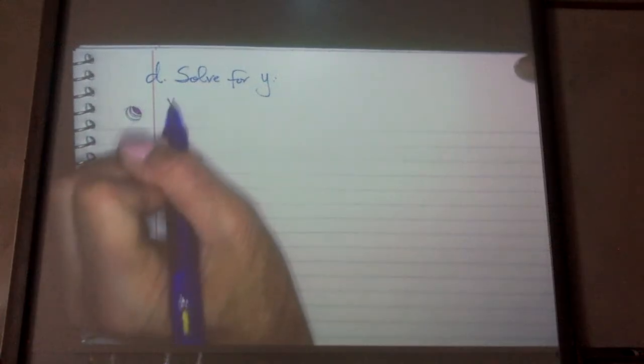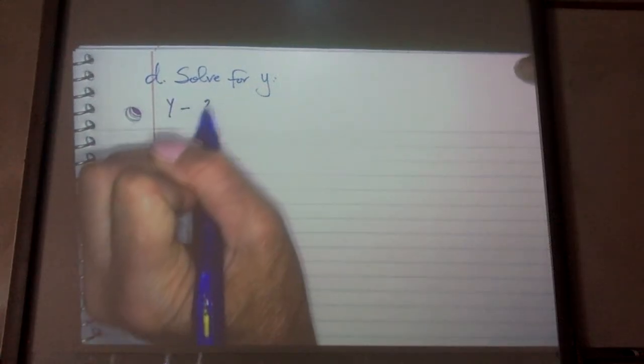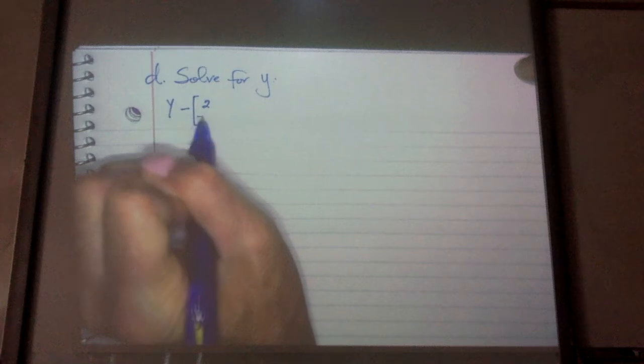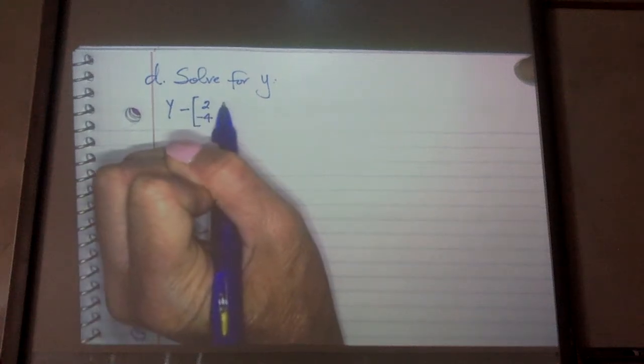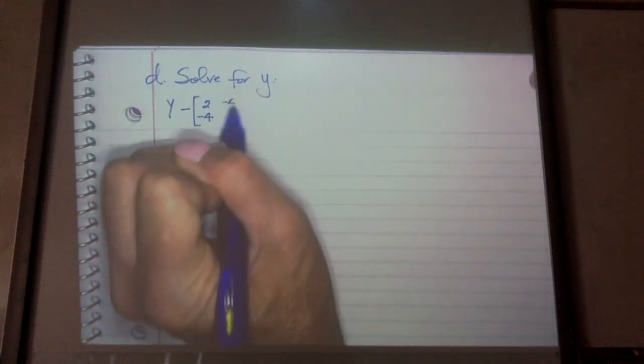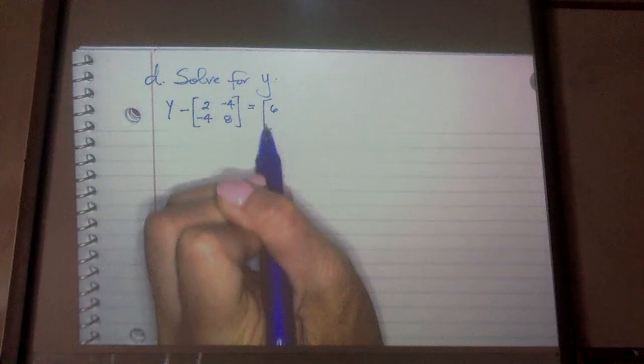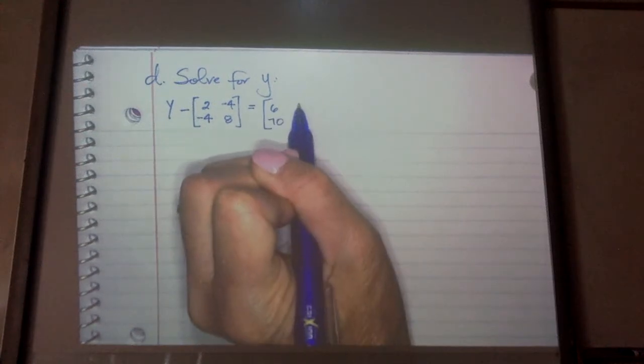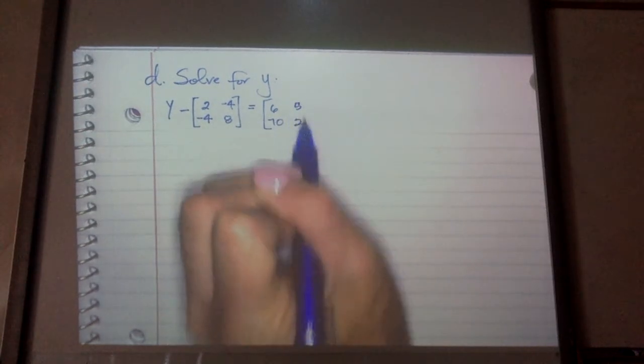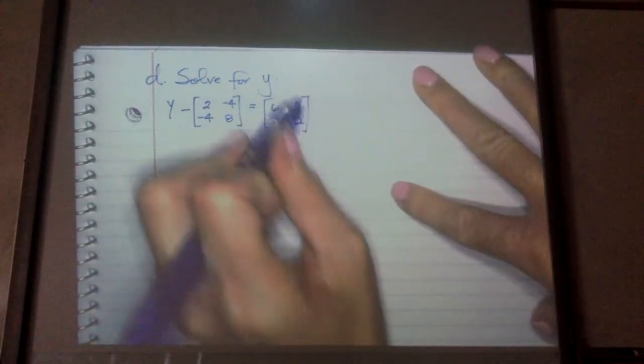So it's y minus the following matrix. 2, negative 4, I'm doing the columns going down. Negative 4, 8. Equals 6, negative 10, 5, and 2. That's a really messy 5.